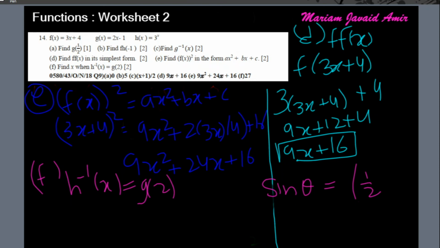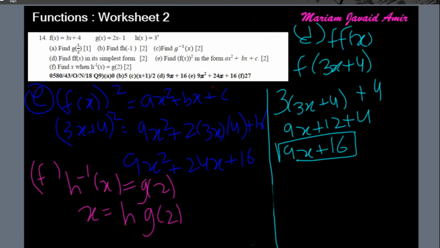So this would become x equals h of g2. Now we know how to solve this. First we'll find g2. g2 is, in g(x) replace x with 2, which gives us 4. So now we need to find h4.